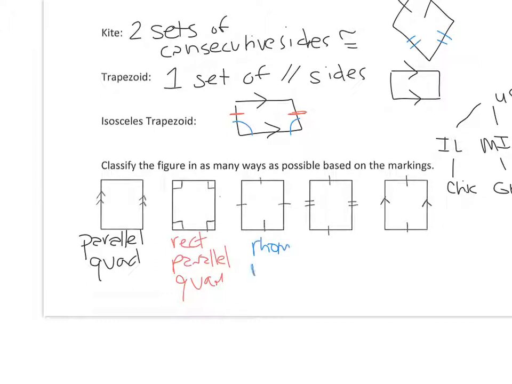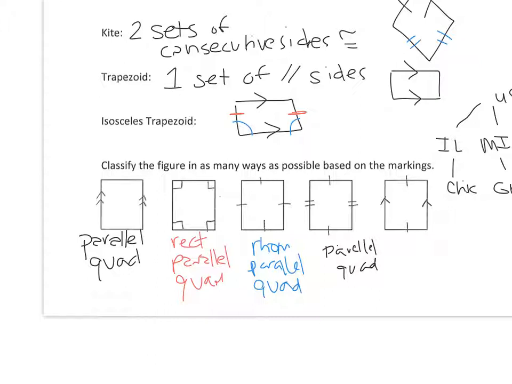If it's a rhombus, it's a parallelogram, and if it's a parallelogram, it's a quadrilateral. The fourth one, I see that opposite sides are congruent. So the only one it can be is a parallelogram and a quadrilateral.